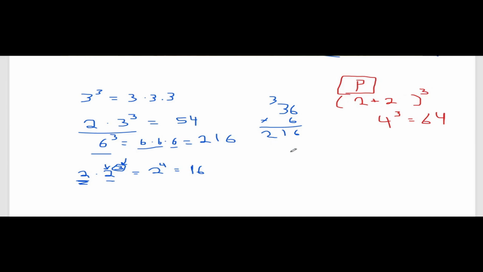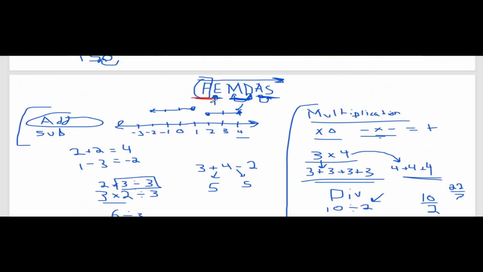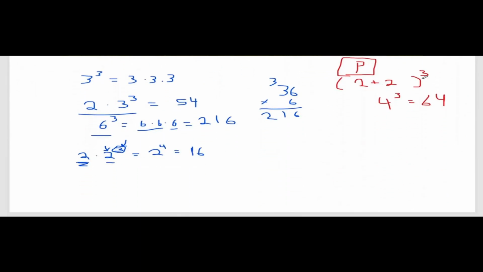But is that the only way to do it? And this is where it starts to become tricky. Because if you notice parentheses here, everything can break into parentheses except for addition and subtraction. So what does that mean? Well, let's think about this real quick.